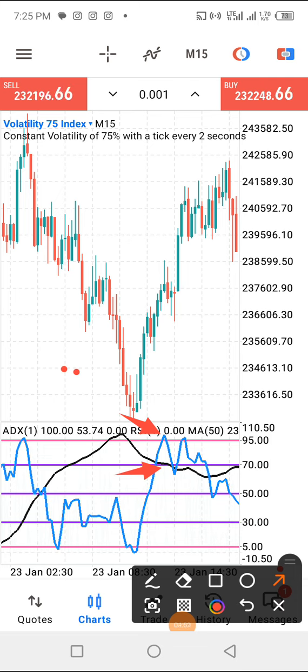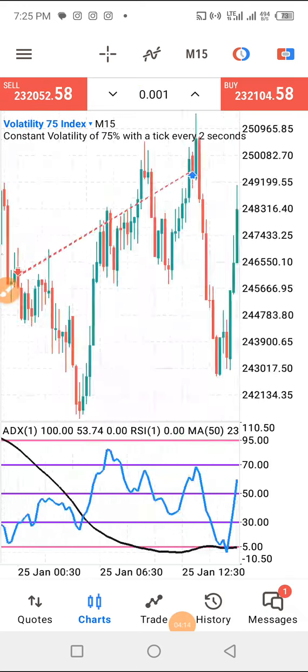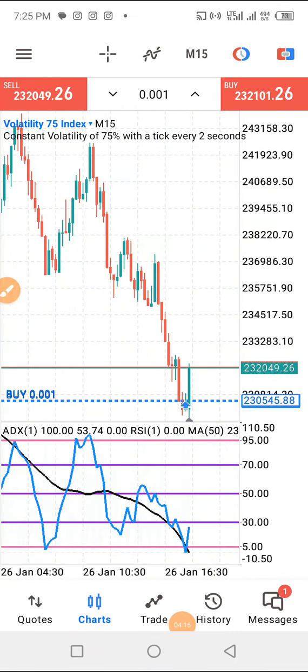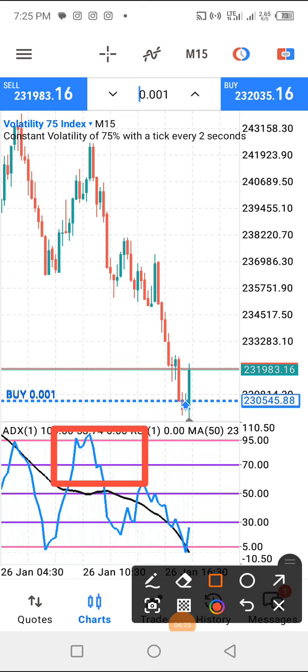So when price closes below level 75, you can take your entry and put your stop loss above. Please make sure when you are doing it, you are not shifting your chart. When I say shifting, let's assume this is when the setup comes, the point where the price closes below that level 70.